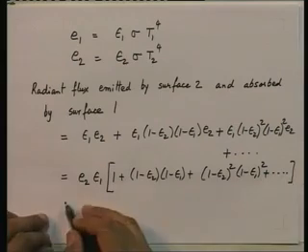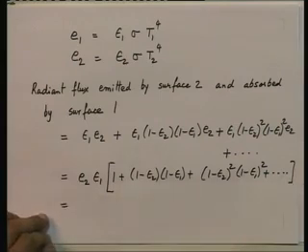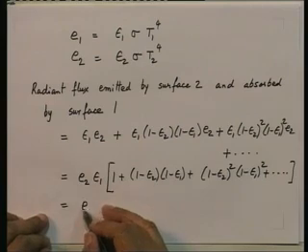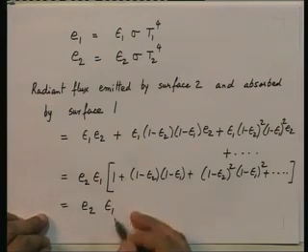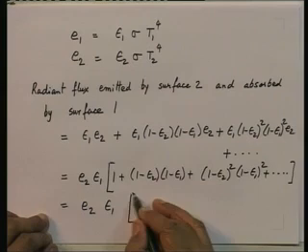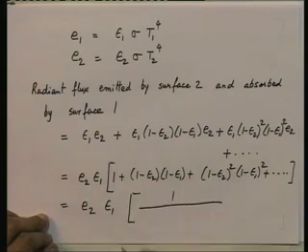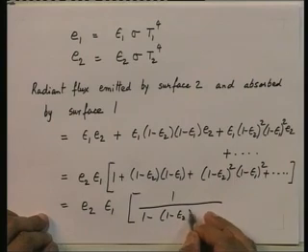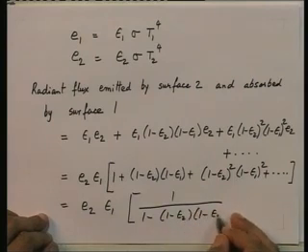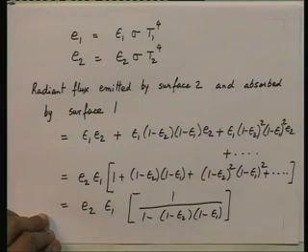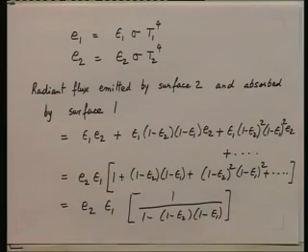And if I sum up this geometric progression within the square bracket, I will simply get E2 epsilon 1 into 1 upon 1 minus epsilon 2 1 minus epsilon 1. This is the radiant flux emitted by surface 2 and absorbed by surface 1.